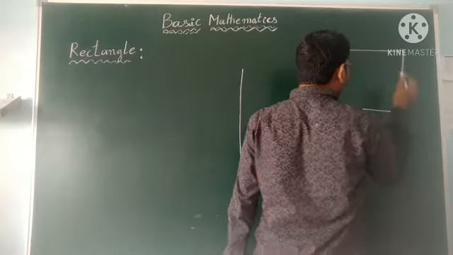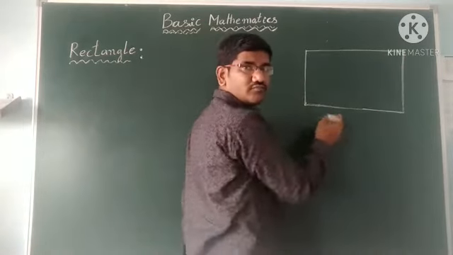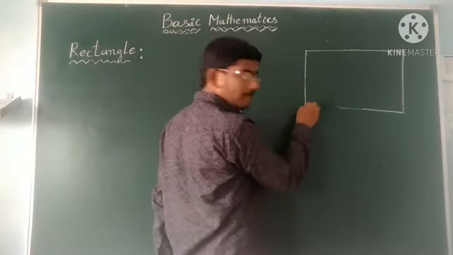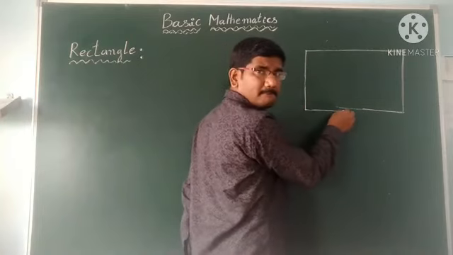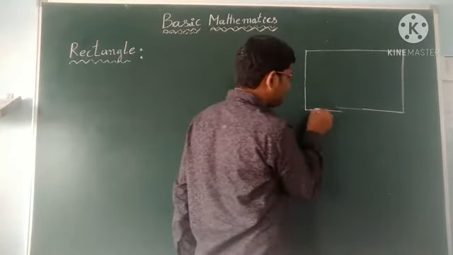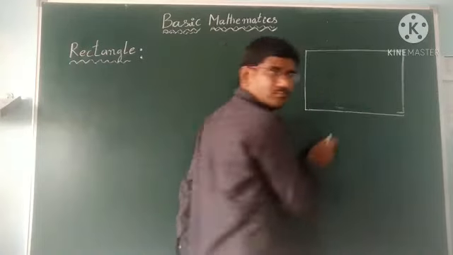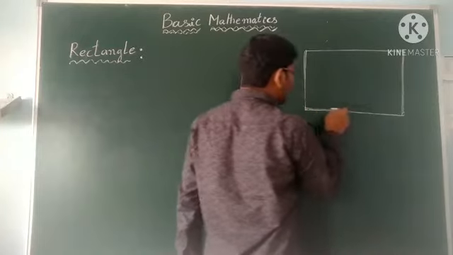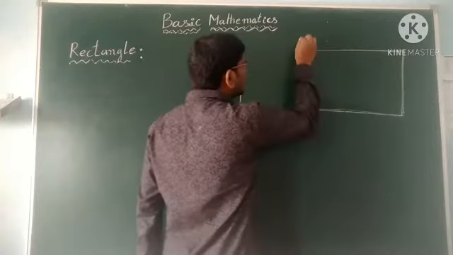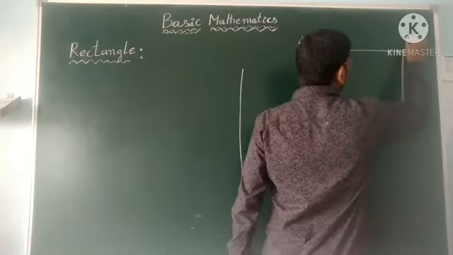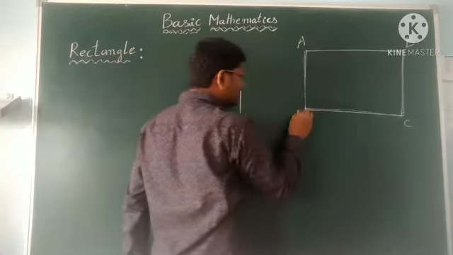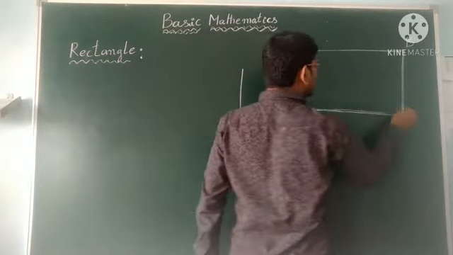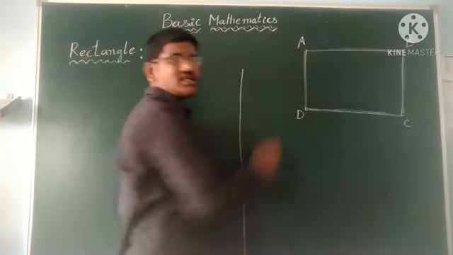Four-sided irregular polygon I have taken, students. It is called the rectangle. Give the name for this rectangle A, B, C, D. So this A, B, C, D is a rectangle.